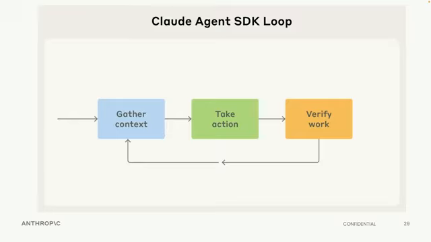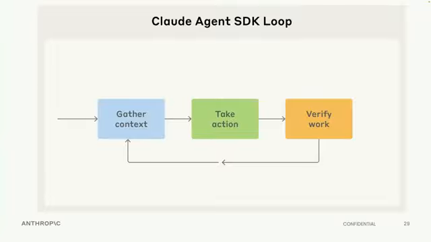Gathering context, for Claude Code, is grepping and finding the files needed. For an email agent, it's finding the relevant emails. Thinking about how it finds this context is very important, and I think a lot of people skip this step or underthink it. This can be very, very important.